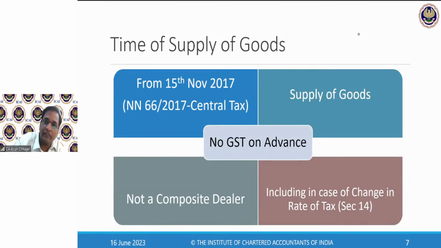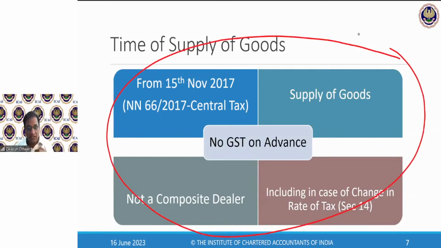See, this is the notification which has relaxed that if I am a supplier of the goods, paying the tax under forward charge and registered under regular category, if the three conditions are satisfied, then if you give me the advance payment, I am not required to pay the GST. I am required to pay the GST at the time of issuance of invoice or last date of invoice, whichever is earlier.